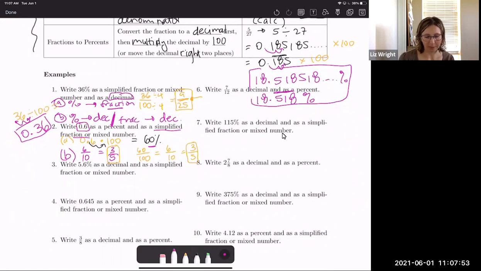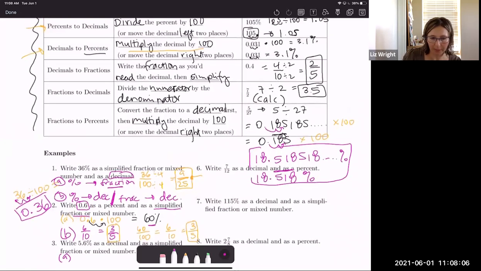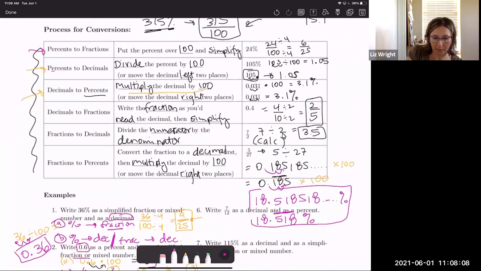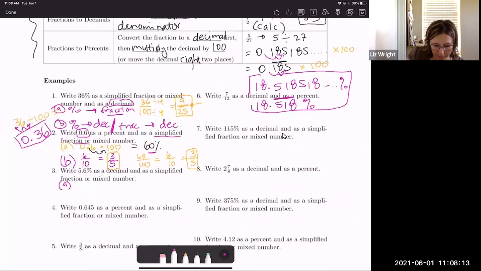Okay, let's try the next one. Write 5.6% as a decimal and as a simplified fraction or mixed number. So let's go with the decimal part first. So if we're writing it as a decimal, again, if you need to, you can come back up here. We're going percent to decimal. That's this one. Divide it by 100. So we're going to do 5.6 divided by 100.